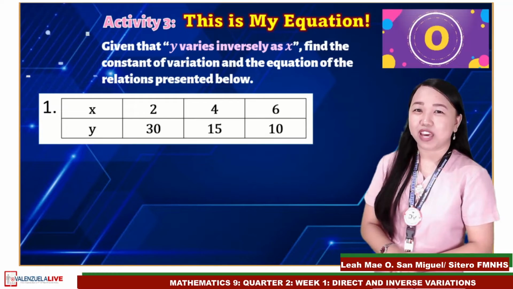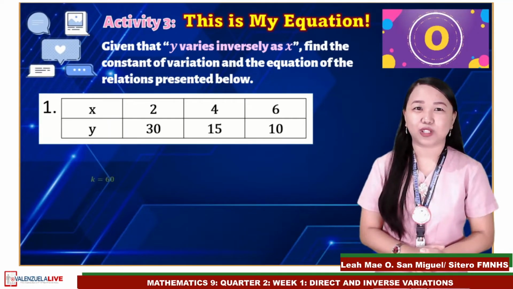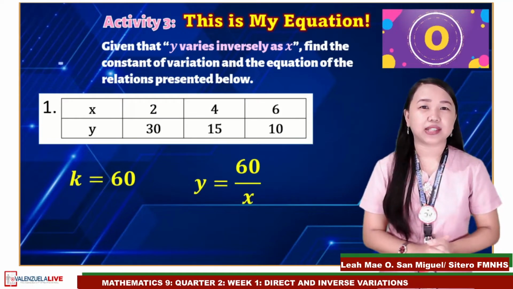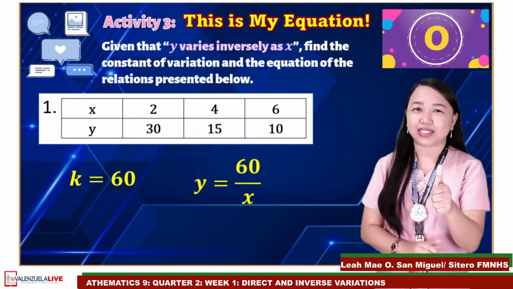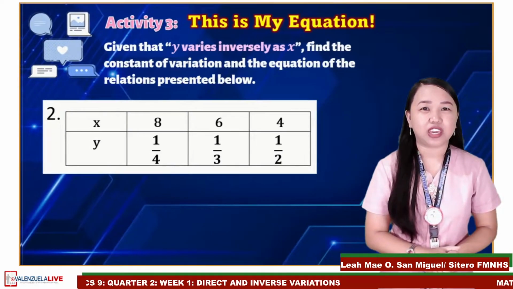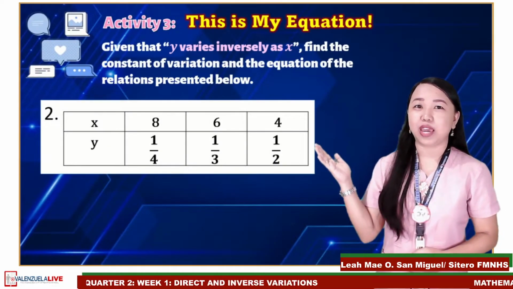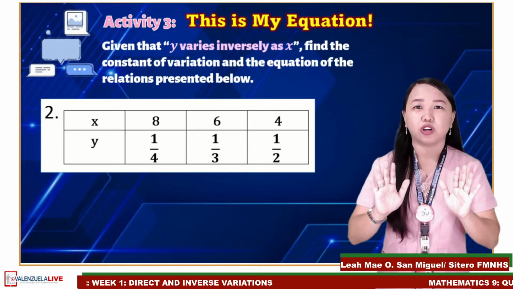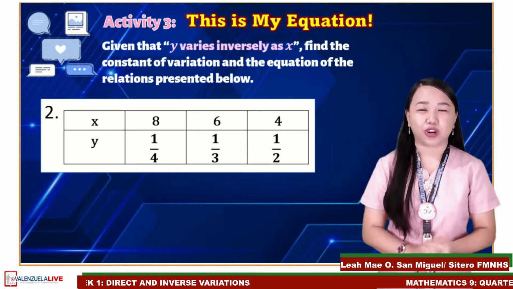Time's up! If you answered k is equal to 60 and y is equal to 60 over x, then you're right! Amazing! The second given is another table of values. You have 10 seconds to key in your answer. Go!